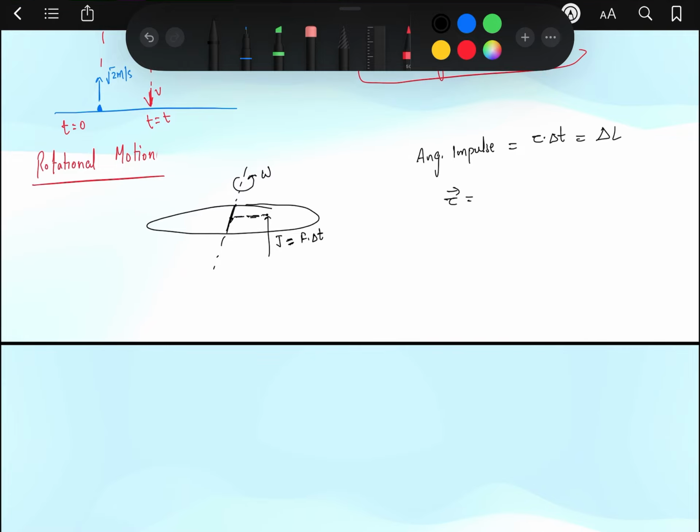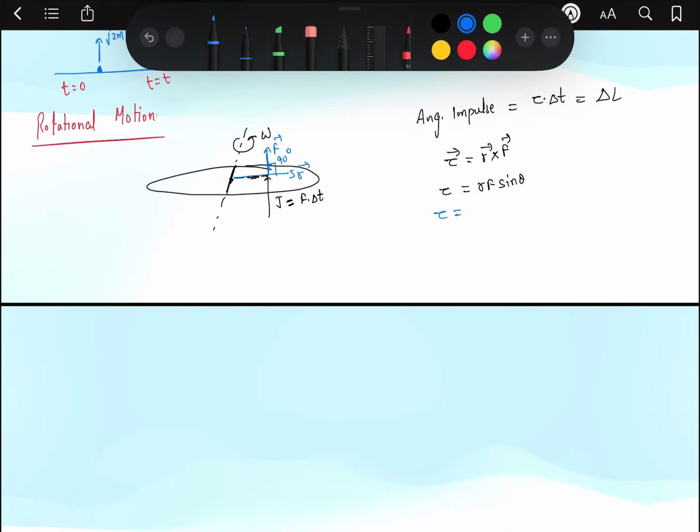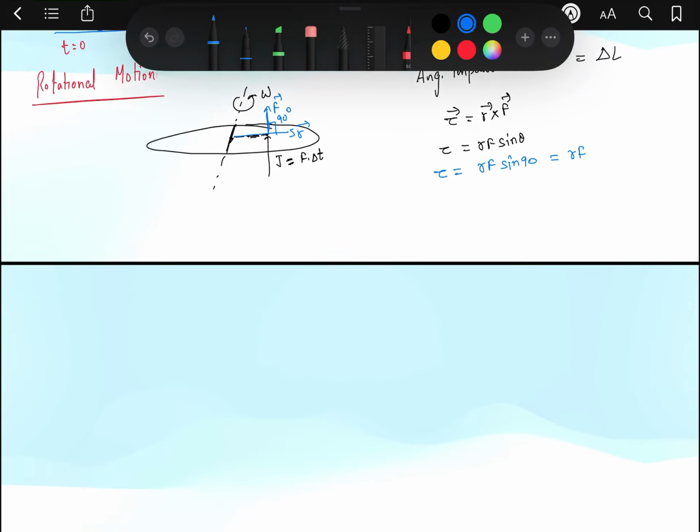Tau vector equals r vector cross f vector, and the magnitude is r f sin theta. If this is the r vector and this is the f vector, then this angle is 90 degrees, so tau equals r f sin 90, which is r f only.